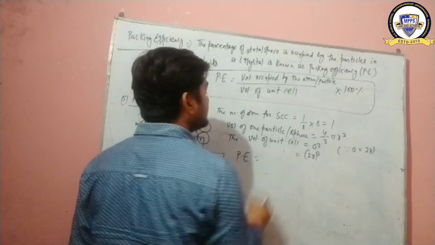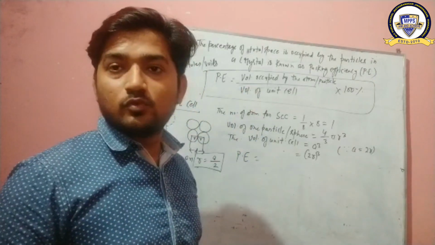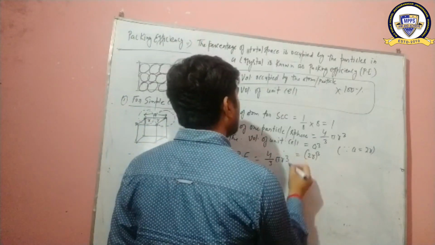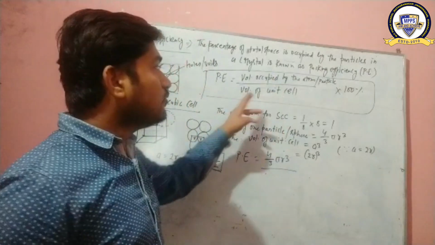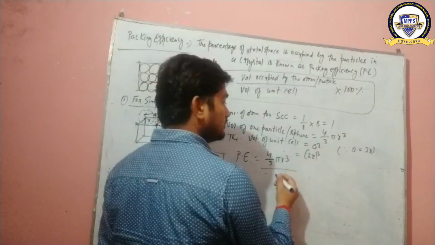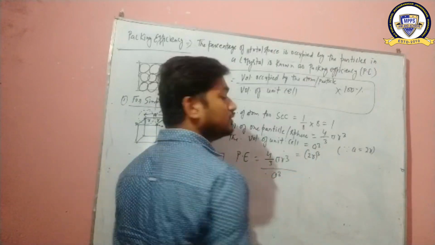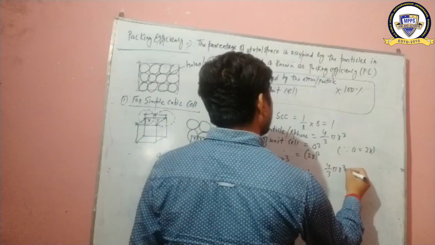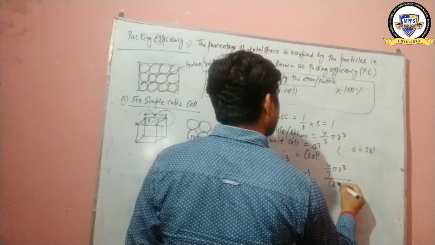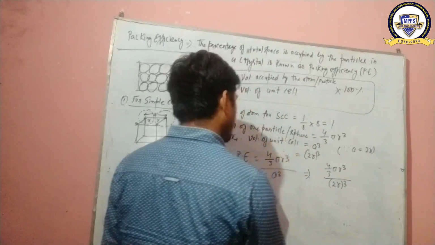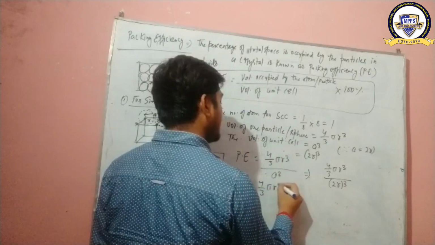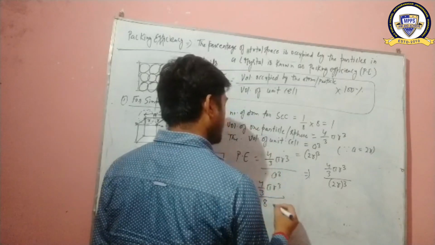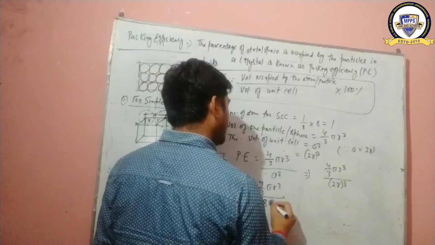Packing efficiency is equal to the volume occupied by atoms, that is the single atom occupies 4 by 3 pi r cube, divided by the volume of the unit cell, that is a cube, which is (2r) cube. So putting in the values, 4 by 3 pi r cube divided by 8 r cube.